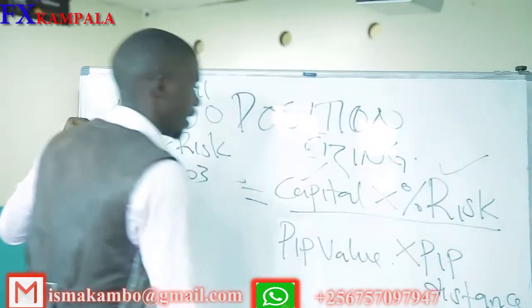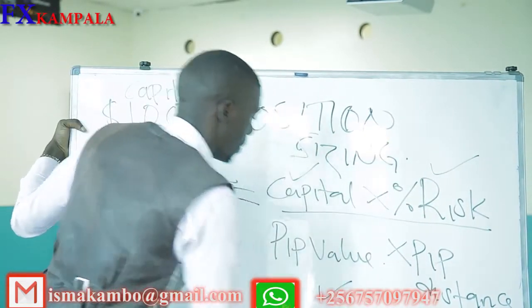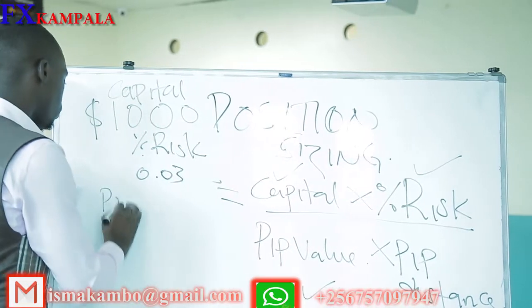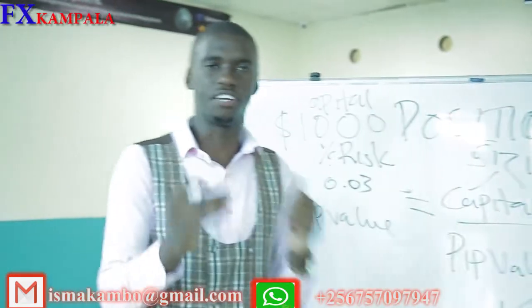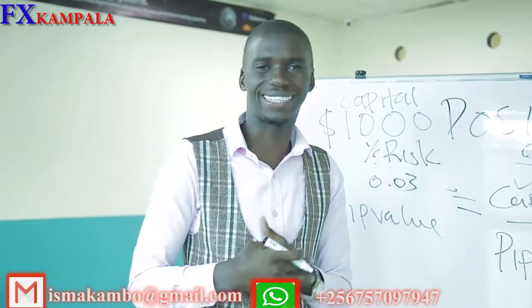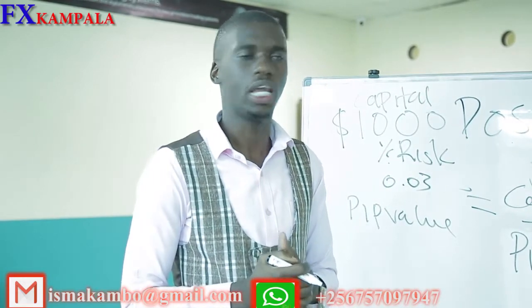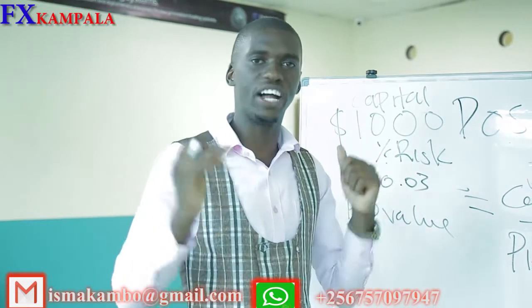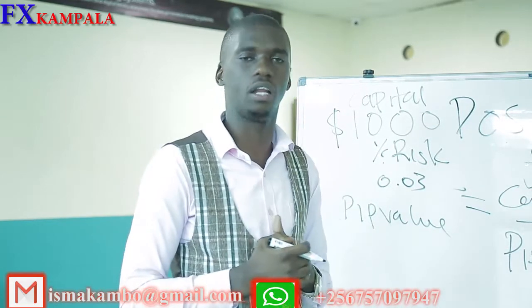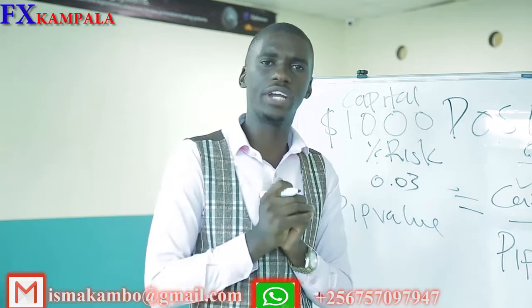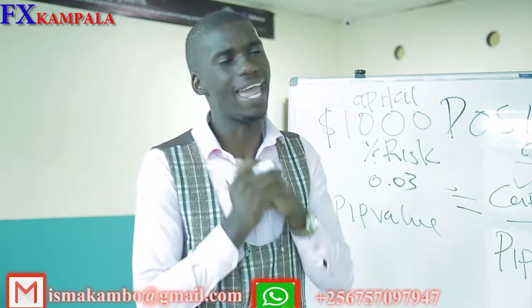We have our capital, we have our risk, and then we have the pip value. Pip value is basically a dollar value that is given for every currency pair that exists. For instance, if you're working with Euro USD, the pip value by default, as per the standard lot, or a lot of one, comes out as $10 per pip movement.